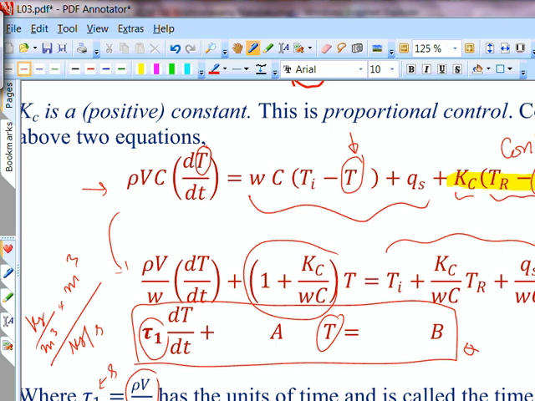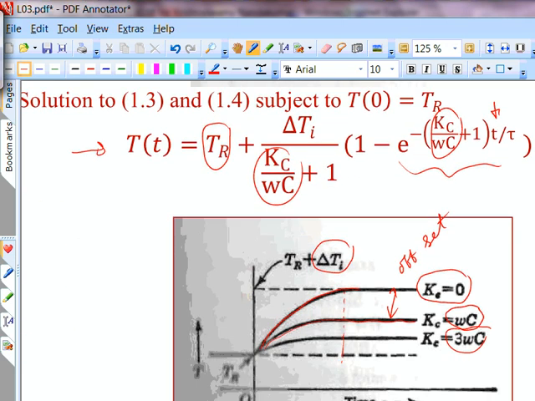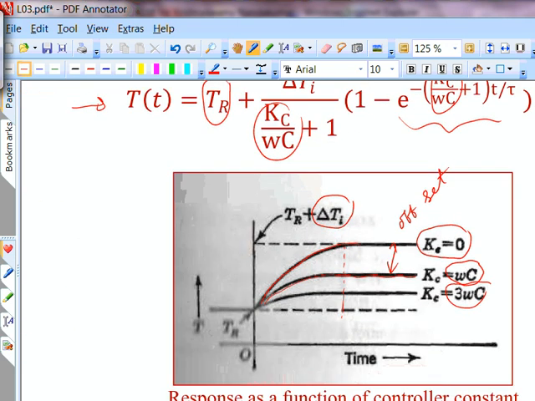This is the error, right? So the proportional gain simply says how much heat you want to add even when there is a small error. So by increasing the gain, I'm saying add a lot of heat very quickly, so the response is very good. Meaning, if it took this long to reach steady state, it takes only this long to reach a steady state. So it reaches the steady state quickly if you have a high proportional gain, but the value is not the desired one. Any questions?